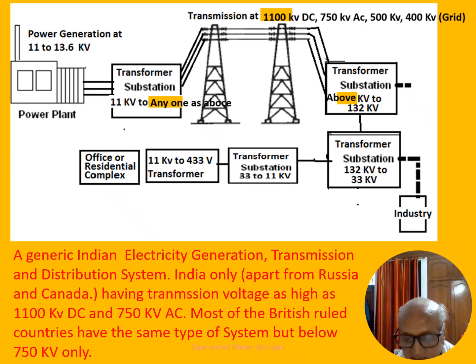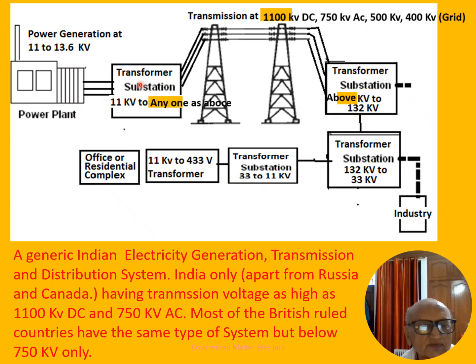Now let me describe the system. The power is generated at any voltage from 11 kV to 13.6 kV in a generating station power plant, and therefrom it is transferred through transmission towers up to several places.